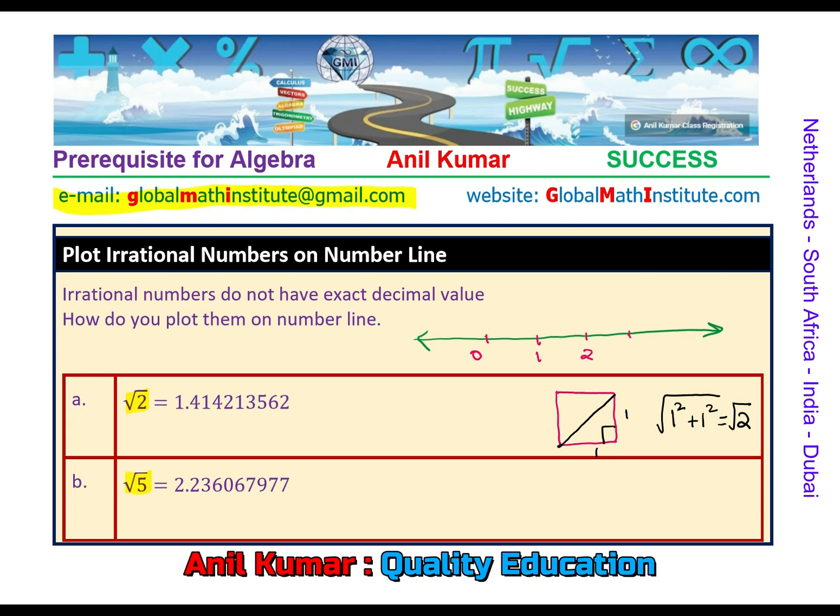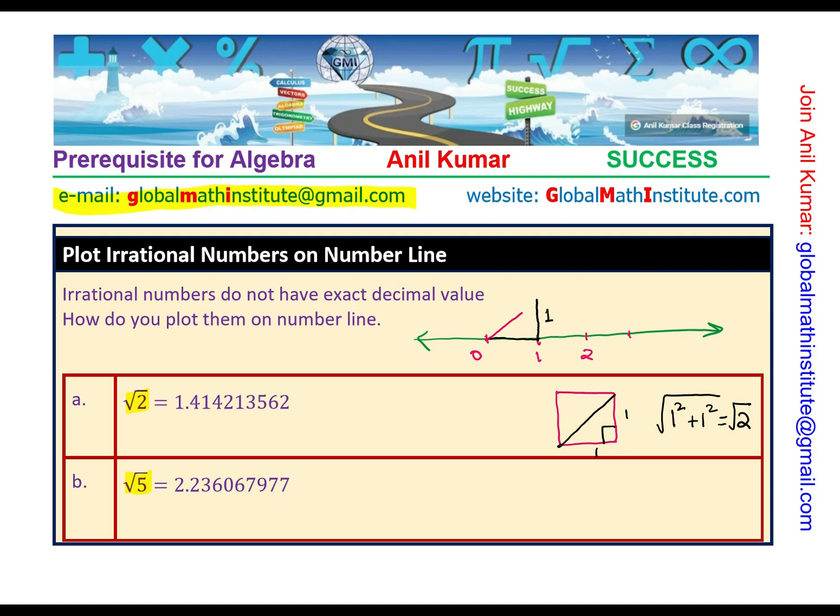And simple as that, on a number line, we have 1 unit, which is from 0 to 1. The only thing is we now need to put a line perpendicular at 1, so one more unit vertical. Joining from 0 to the endpoint of this forms that diagonal which we are looking for.